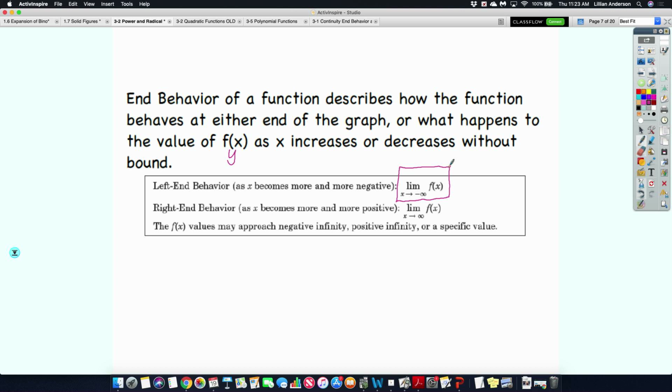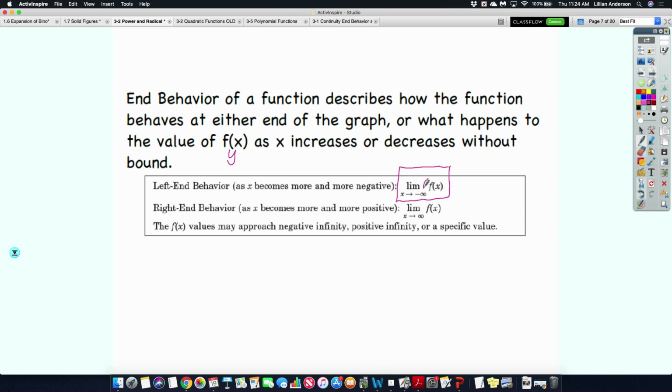What that basically means is it's saying without bound, without any restrictions, without stopping the graph, as x gets closer to negative infinity, what is happening to the y value? That's what that whole sentence that's in that box is saying. Without any restriction, as x is getting closer to negative infinity on your graph, what is happening to y? That is known as left-end behavior.